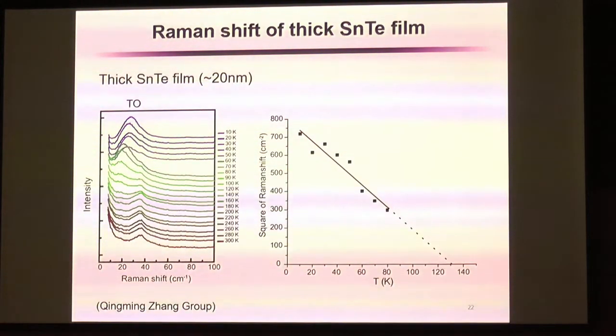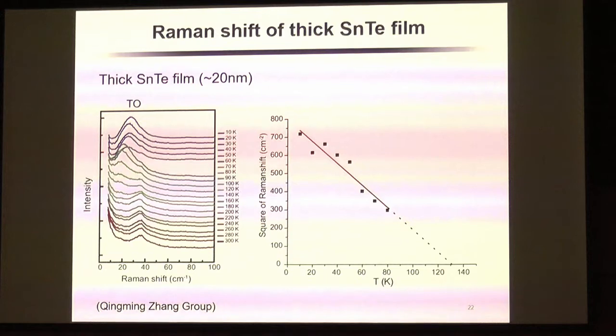We also give other evidence, such as Raman shift measurement. For the thick films, we grew 220 nanometers, so it's very thick, and we can monitor the TO mode. Using the square of the Raman shift, we can extract the transition temperature, which is around 100 Kelvin.